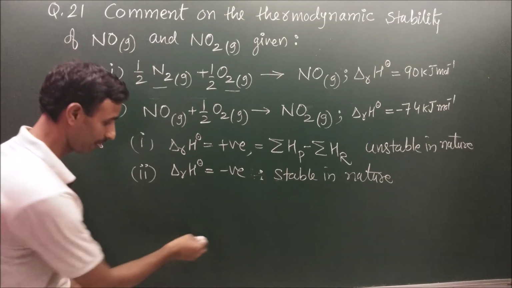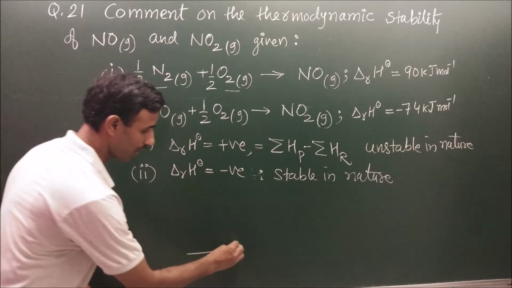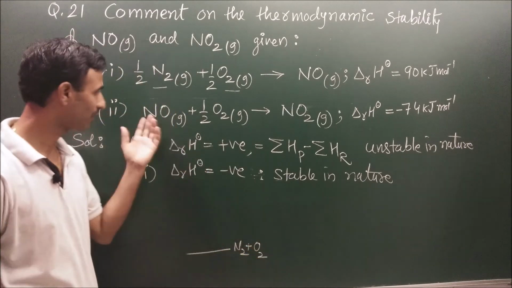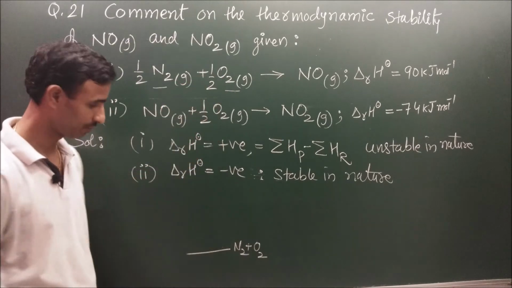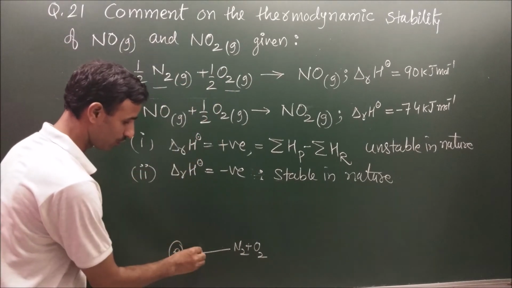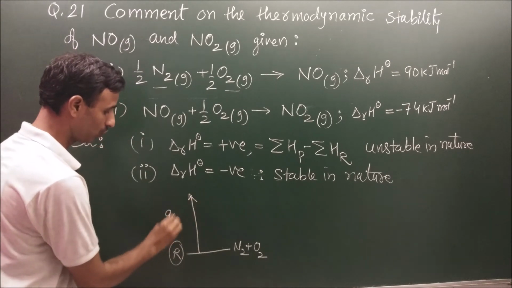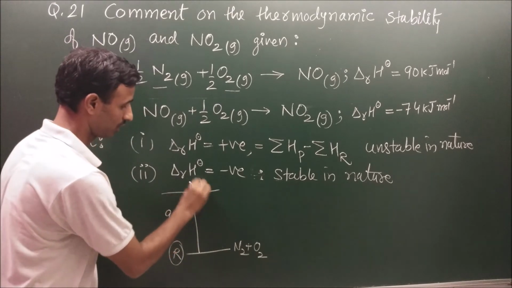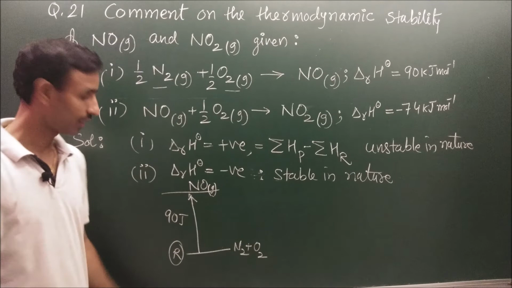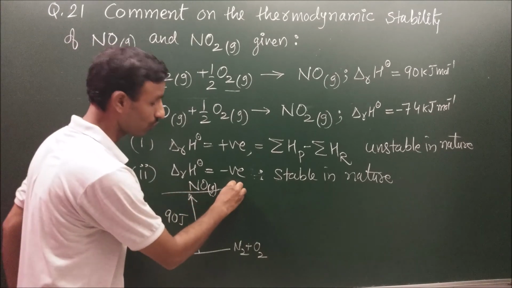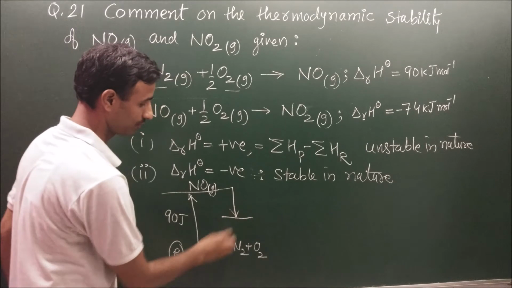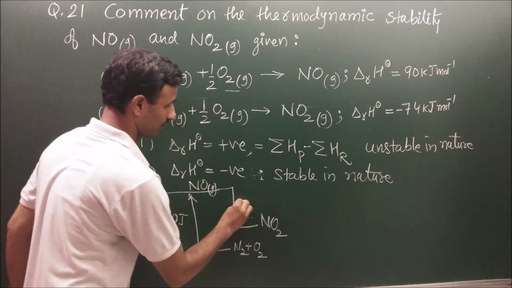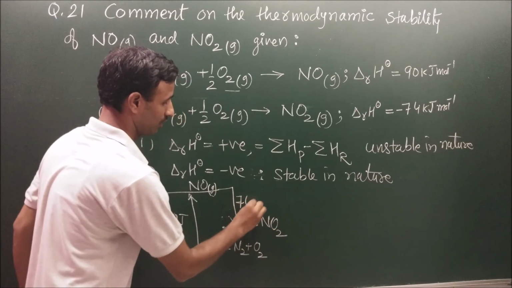Graphically we can explain it. See, let us take N2 and O2. The average enthalpy is at this end, half N2, half O2, whatever. This is the reactant. So 90 joule of heat is absorbed. This is NO gas, and when this NO gas is converted into NO2 gas, it comes down by 74 joule.